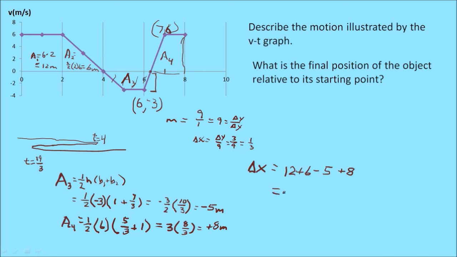That looks like 12 and 6 is 18. 18 minus 5 is 13, plus 8 is 21 meters. So it ends up being displaced in the positive direction from its starting point. So this is 21 meters from here. That's how you use a velocity time graph to find displacement. Any questions? Ask your teacher.